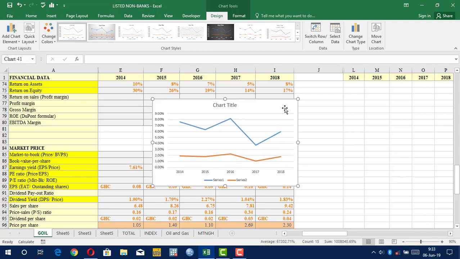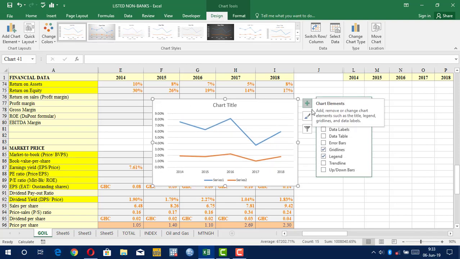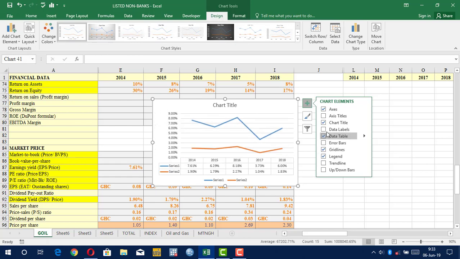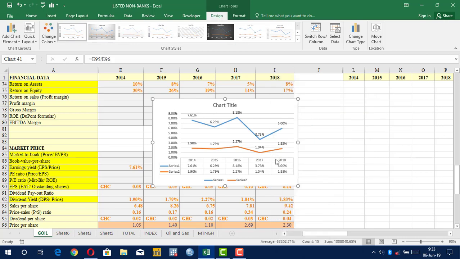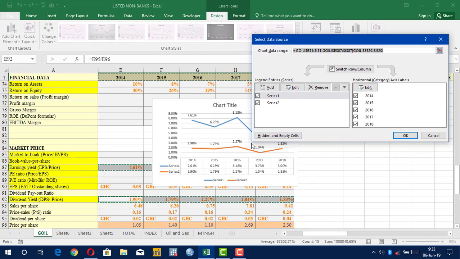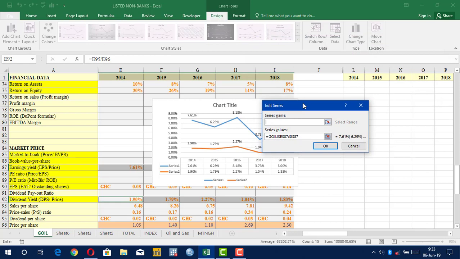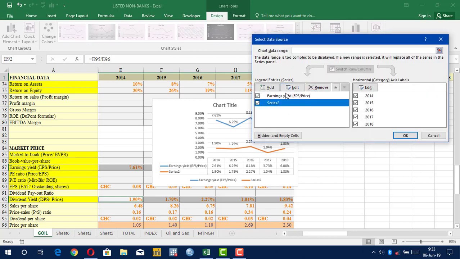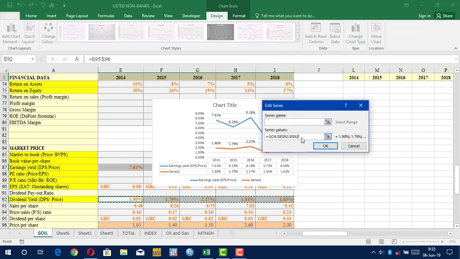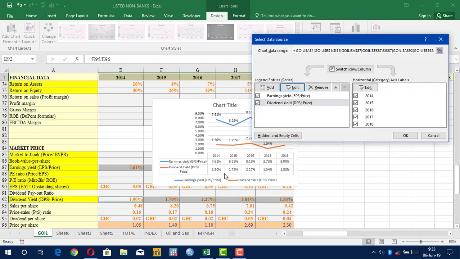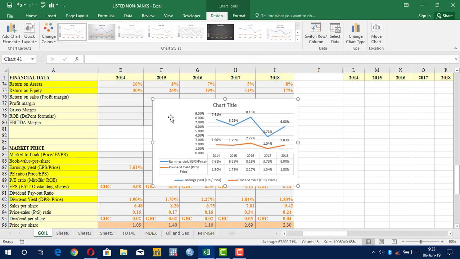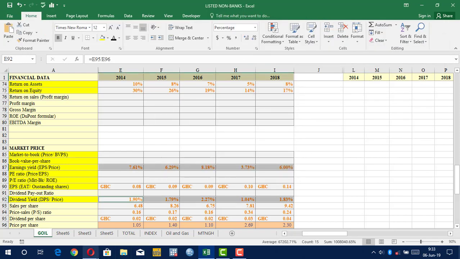It looks like for the decline, we've been seeing it a lot. So the first one, series 1, we will edit to be the earnings yield here. Then the second one, series 2, to be the dividend yield. So there we have it.